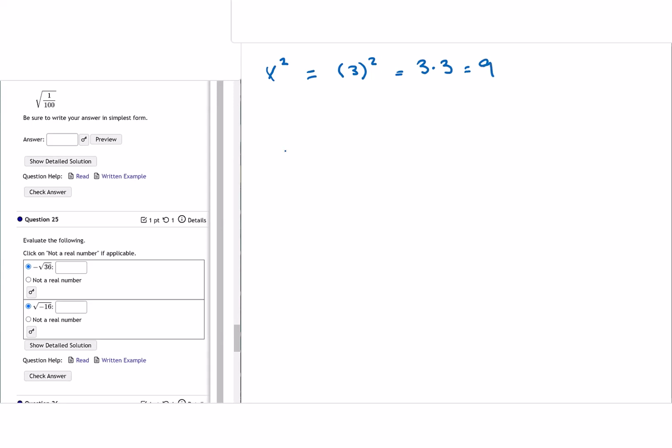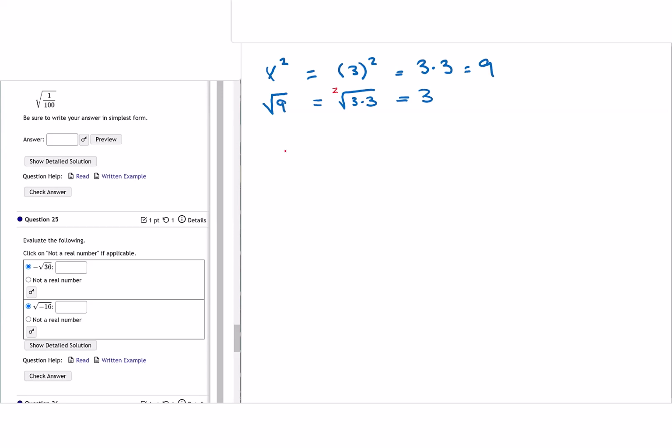Square roots are the opposite. If I take the square root of 9, that's the same as the square root of 3 times 3, and the answer to that is 3. Pretend there's an invisible 2 here, because there is an invisible 2 there.